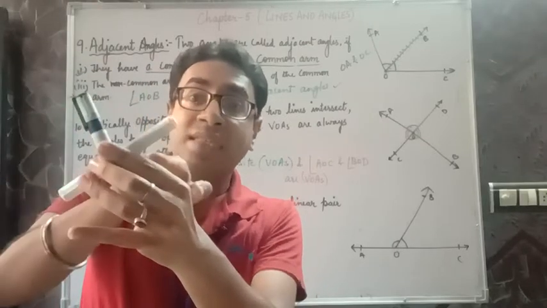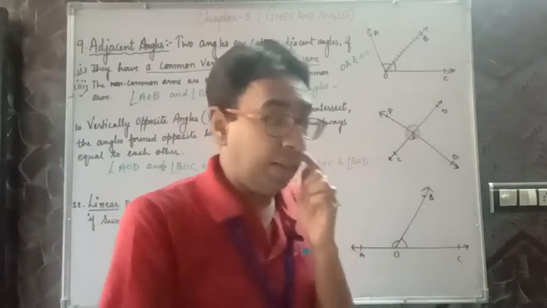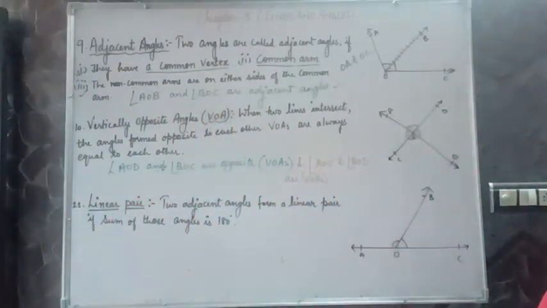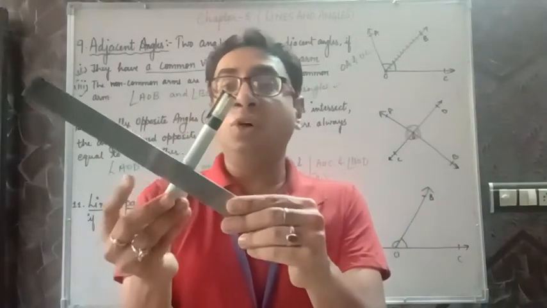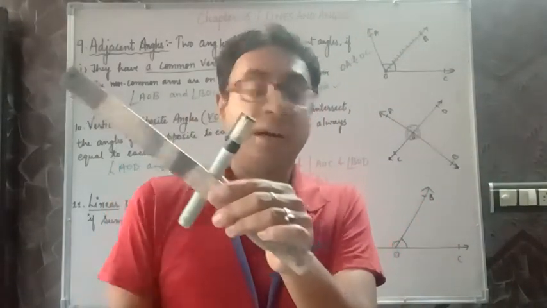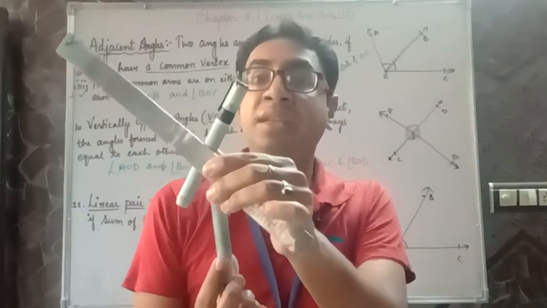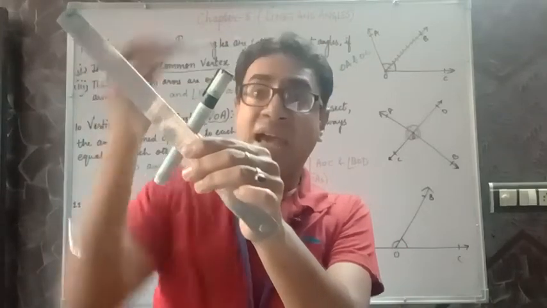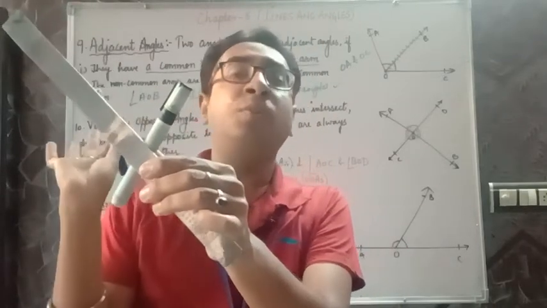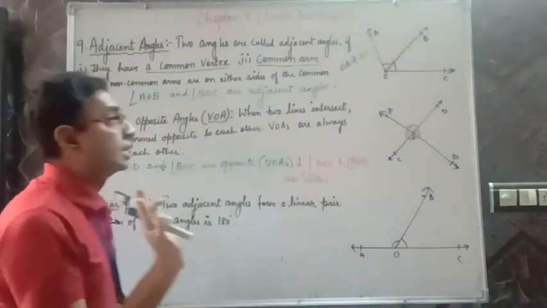Similarly, this angle and this angle are vertically opposite angles. Again, just see. I'll take the bigger picture now. These two lines are cutting. If they are cutting each other, then this angle and this angle are vertically opposite angles. Similarly, this angle and this angle are vertically opposite angles. Clear? Any doubt with the vertically opposite angles?